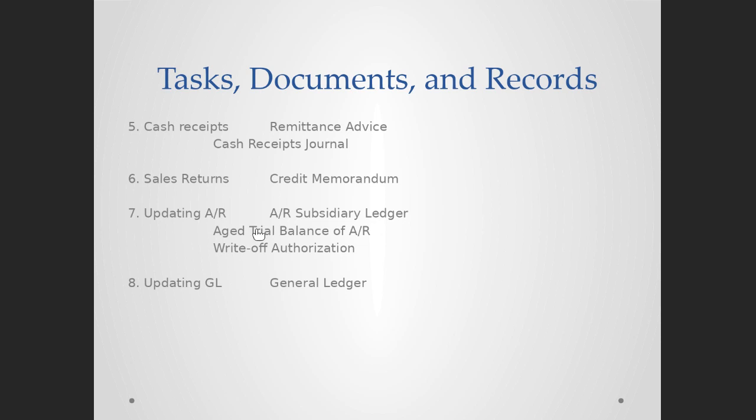The second item here is aged trial balance. Accounts receivable is categorized. So you have 30-day-old accounts receivable. You have 60-day-old accounts receivable. You have 90-day-old accounts receivable.